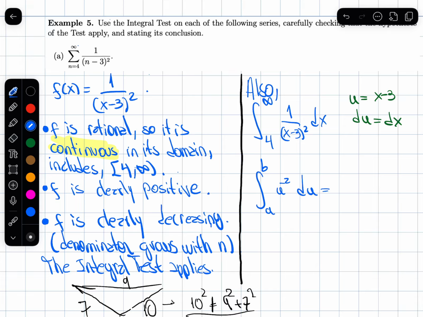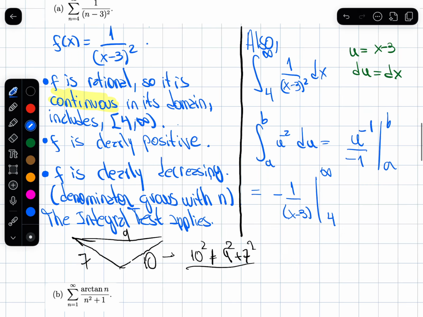And then this will be, I add 1 to the power. Minus 2 plus 1 is minus 1, divided by negative 1, and evaluate from a to b. But then I can go back to 4 and infinity if I change back to x. So that means I have negative 1 over x minus 3, no squared anymore, just x minus 3, evaluated from 4 to infinity.